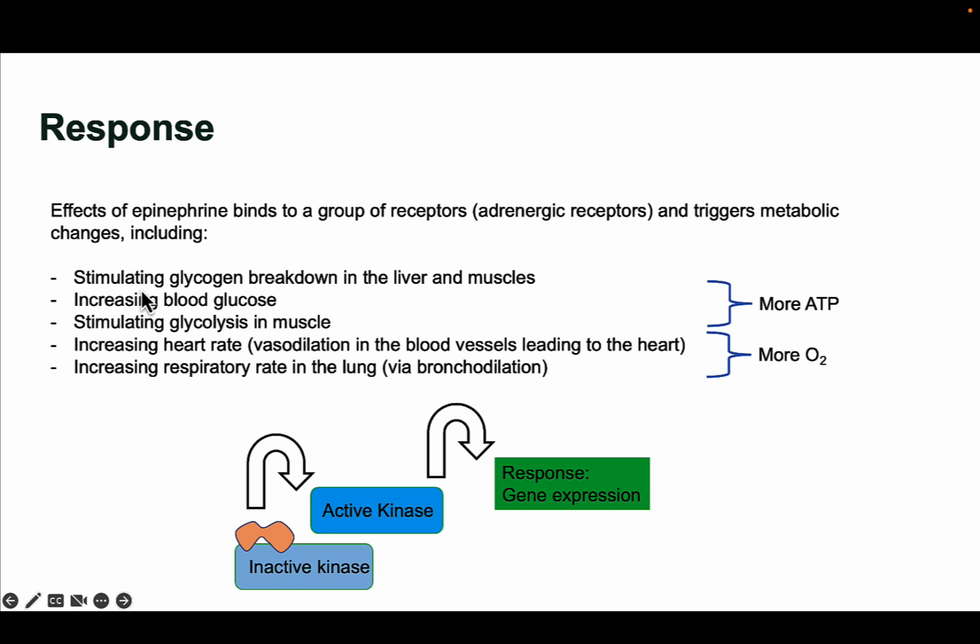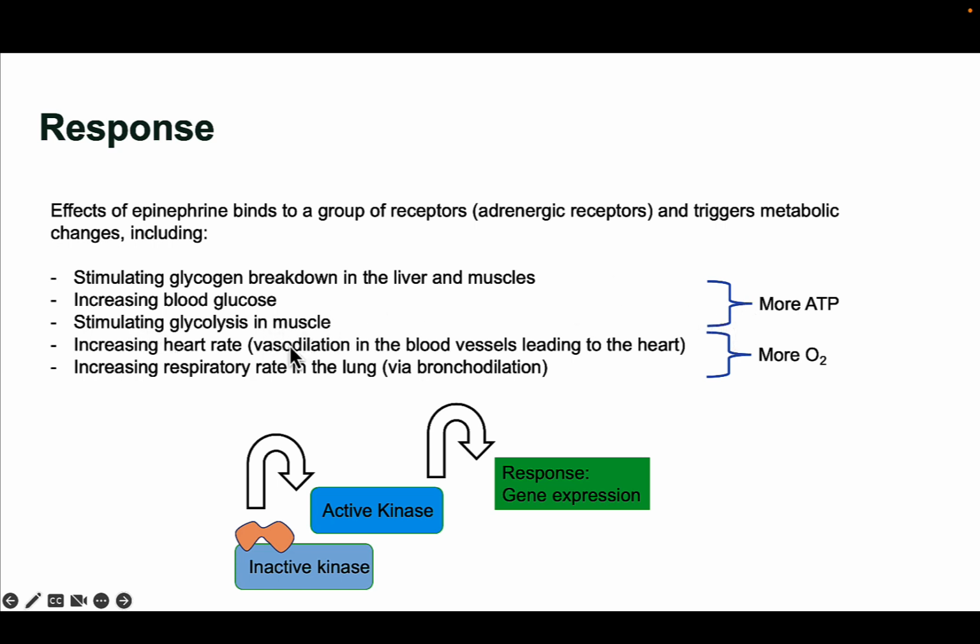In liver and muscle cells, binding of epinephrine to their adrenergic receptors is going to stimulate glycogen breakdown. So it's going to cause glucose to be released, and the body is going to increase blood glucose levels. And the more glucose means the more ATP.